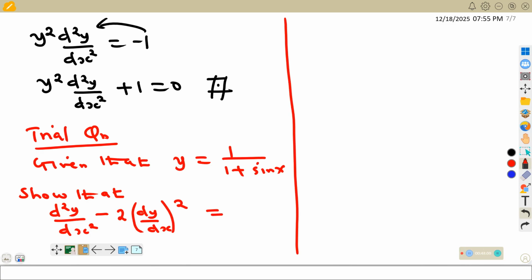So you have the y, it is y, the d2y dx squared minus 2 dy dx squared is equal to y to power 3 sine of x.